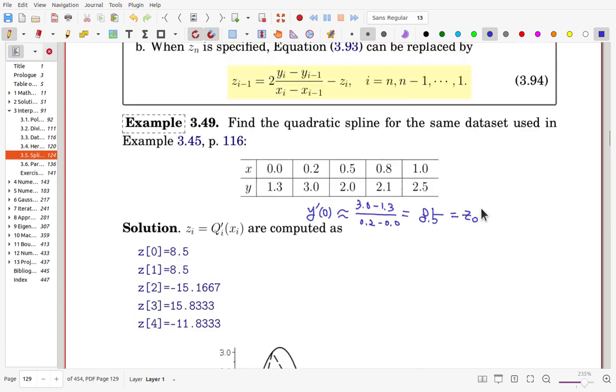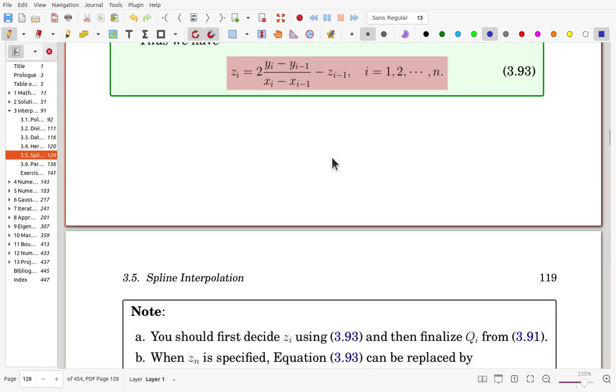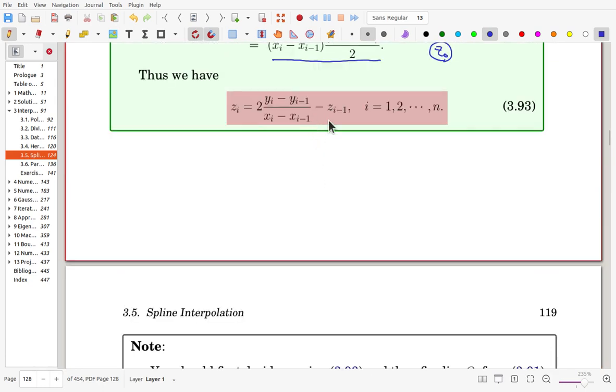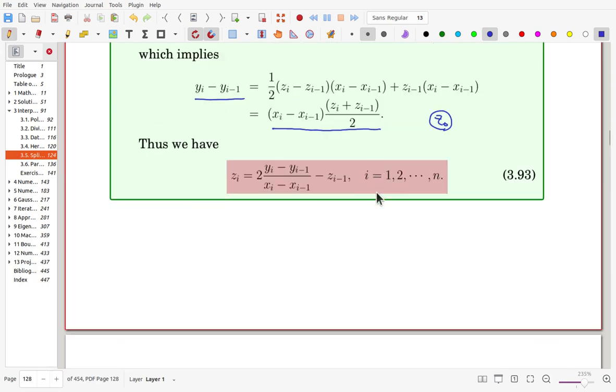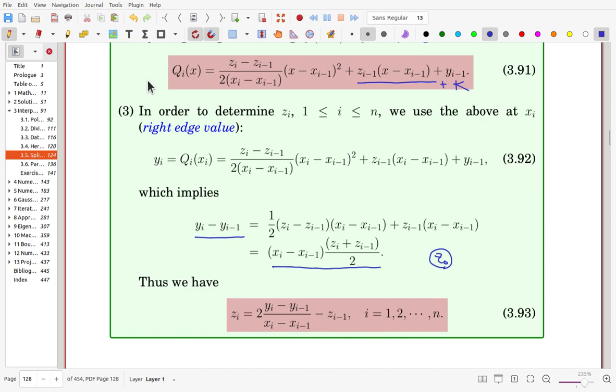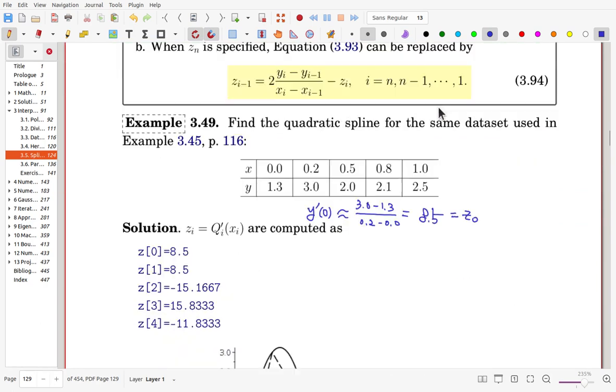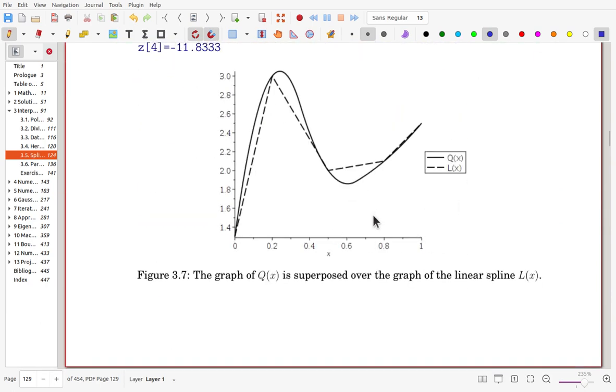Then by using this formula, you can decide the z values, and by using these z values, you can complete this quadratic spline. That is exactly what we get here, and along with the linear spline, the quadratic spline is pictured.